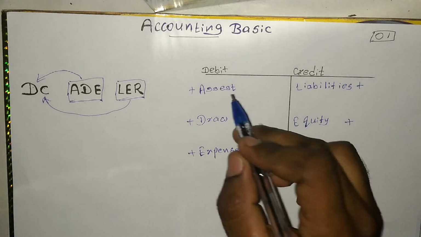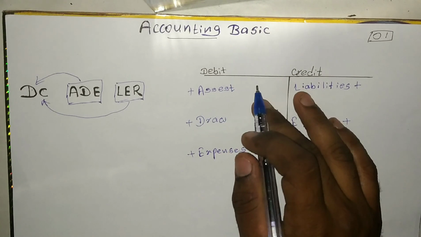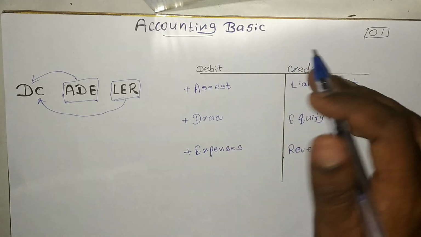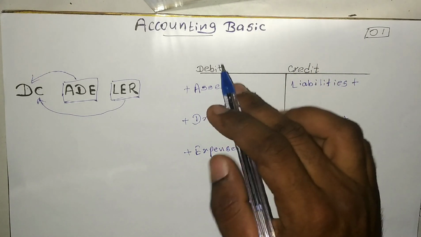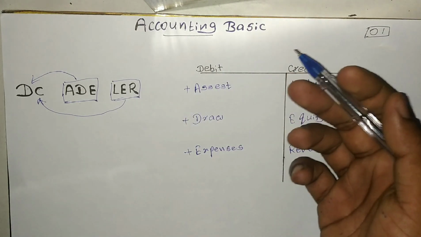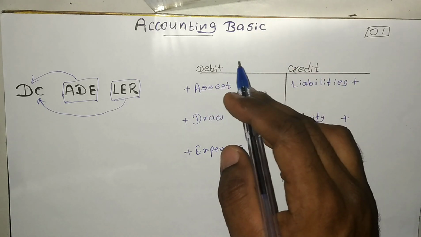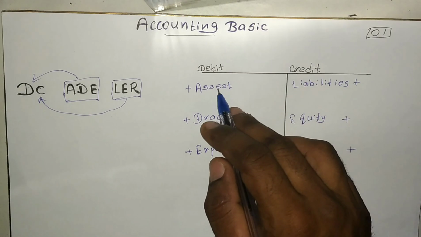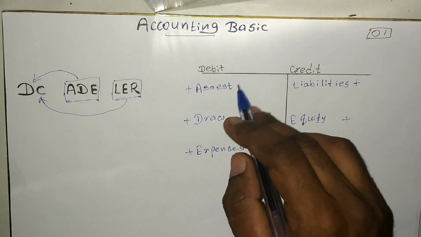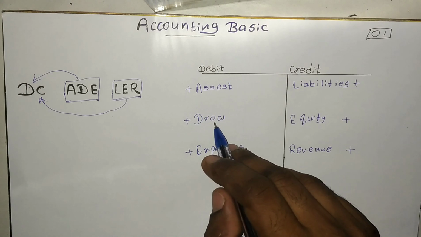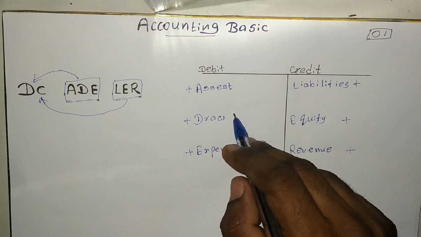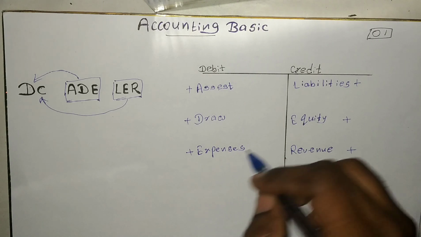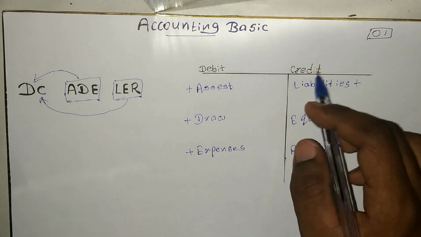Now I think you get some idea about DC Ade Ler and how to divide it into a T ledger and how to enter the accounting process using these contents. Now we are going to show how to prepare financial statements using this T ledger.